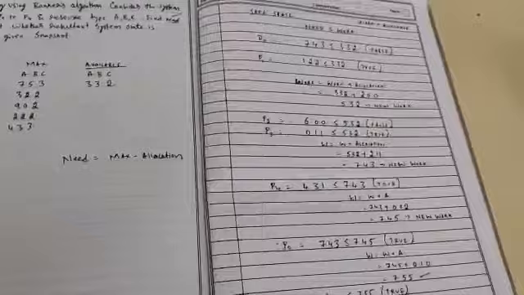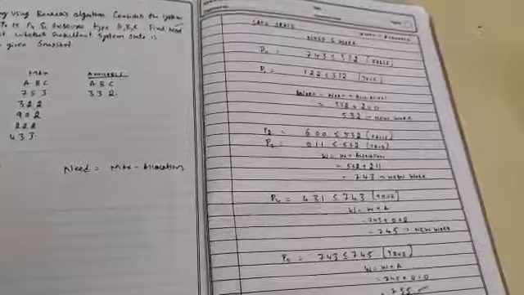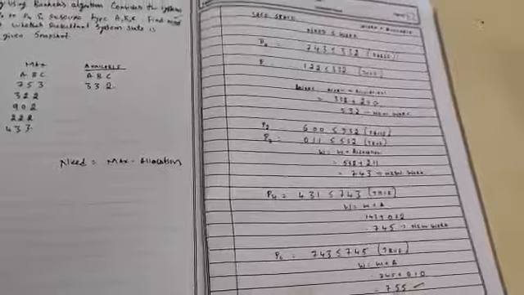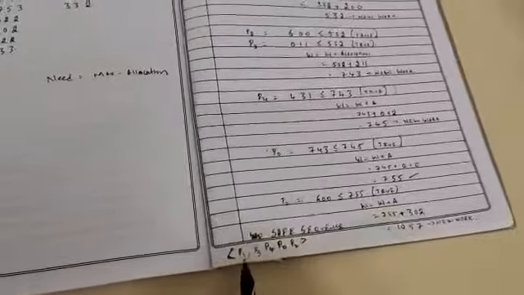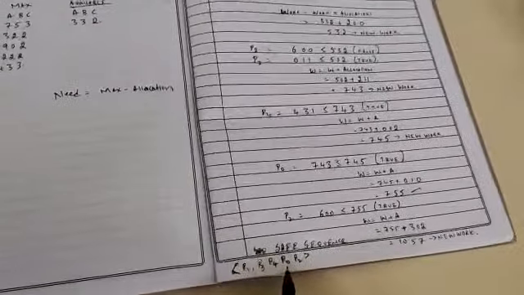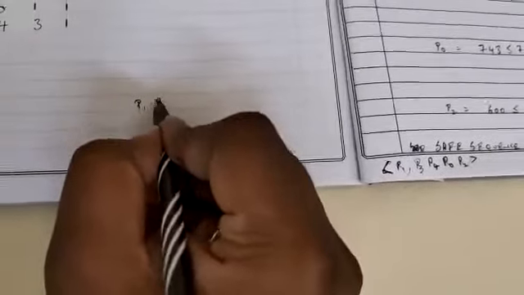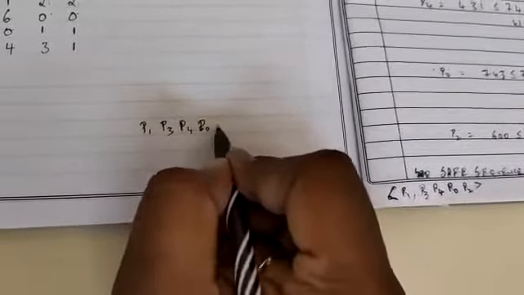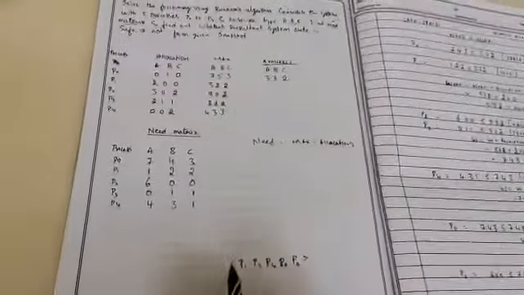Next is P3, P3 is done, P4 is also satisfied, then P0, then P2. So the safe sequence is P1, P3, P4, P0, P2. This is the safe sequence for the given problem.